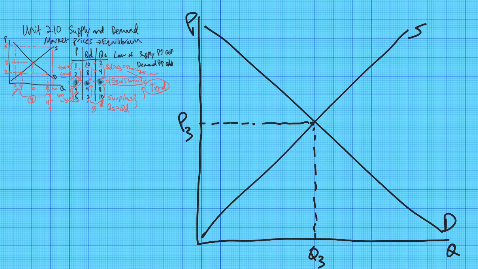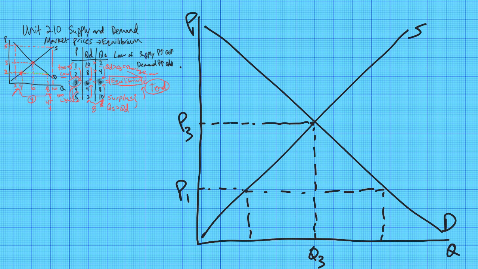But first, let's say we are at the wrong spot. Let's call this one P1, and we can dot over and dot down, and we say, oh yeah, the price is too low, the quantity demanded is greater than quantity supplied, so that's a shortage.